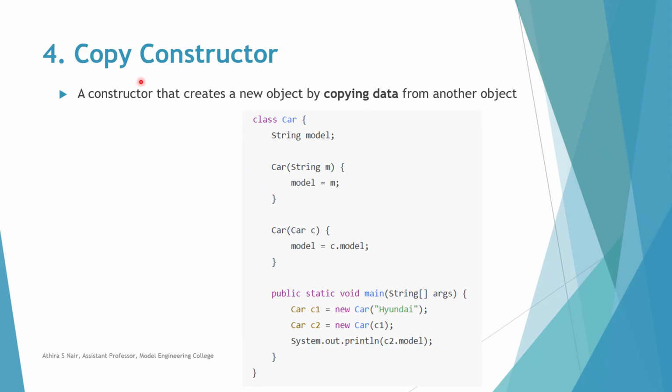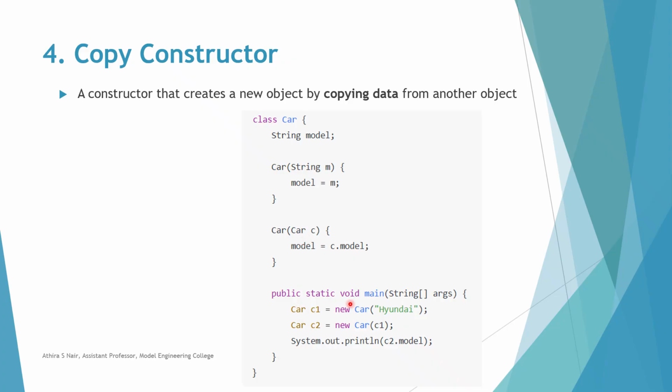The next type is the copy constructor. This is a constructor that creates a new object by copying data from another object. Here we have a class called Car and we have two constructors. In the first constructor we have a String m, and in the second constructor we have Car c.